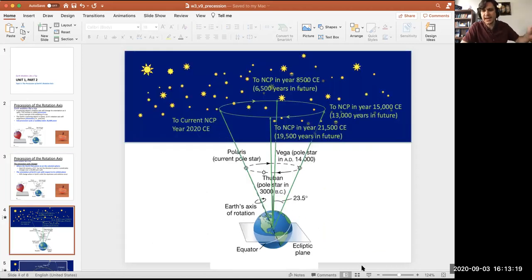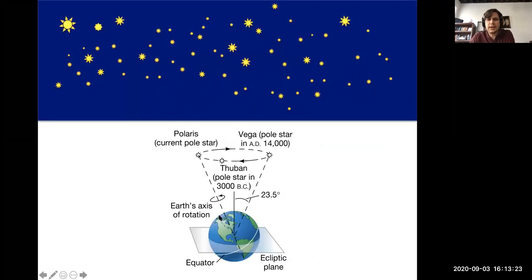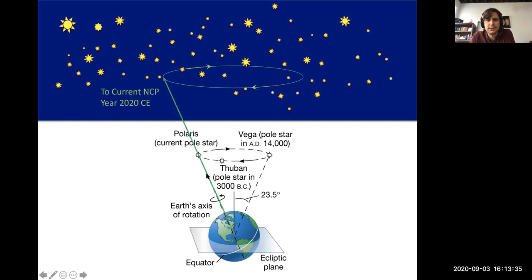Let's go ahead and take a closer look. So what I have right here is Earth. Here's the orbital plane, also called the ecliptic, which marks where the ecliptic is on the celestial sphere. And here we have Earth's rotation axis, and it's currently pointed towards Polaris. So currently, Polaris is our North Star. So a star up in this direction would be Polaris.